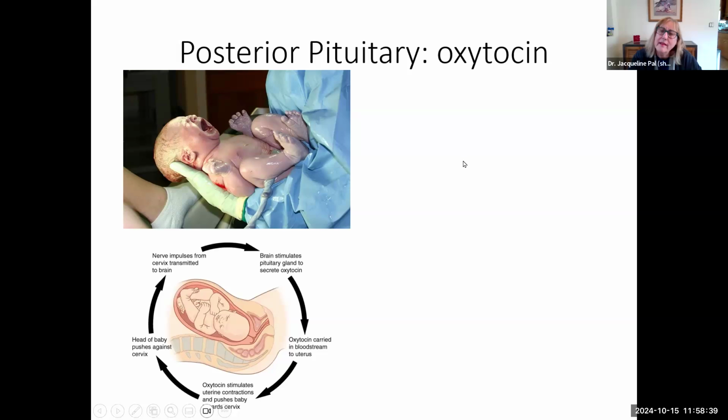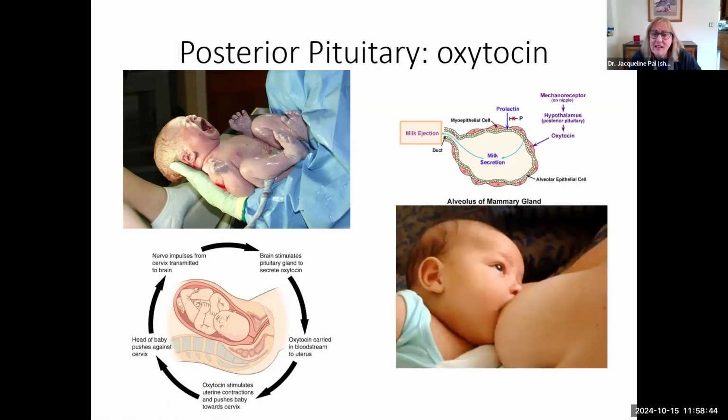But hey, we can get oxytocin one other way, ladies, and that is when the baby is suckling. When the baby suckles, what happens is there are smooth muscle cells that surround the alveolus, the part of the breast that is filled with milk.